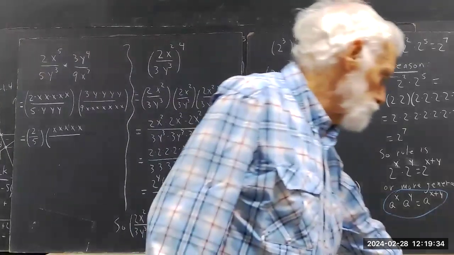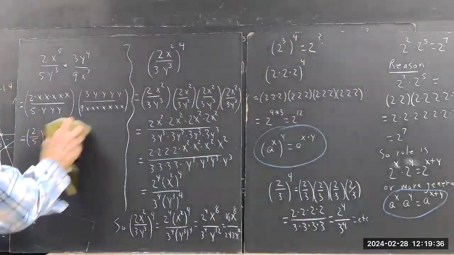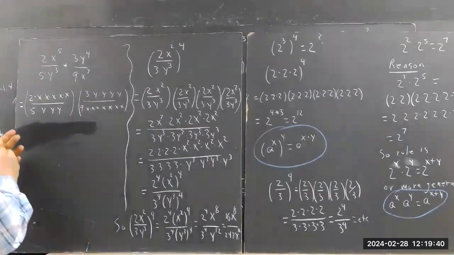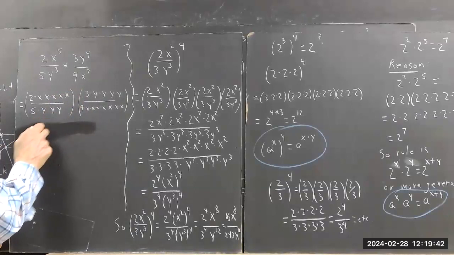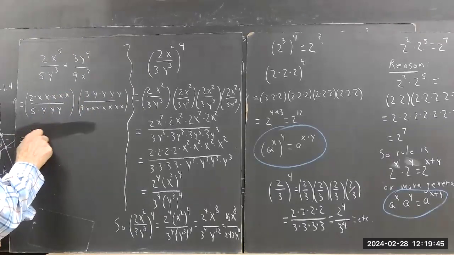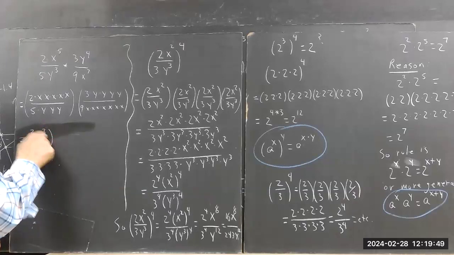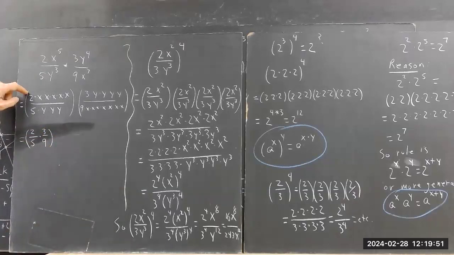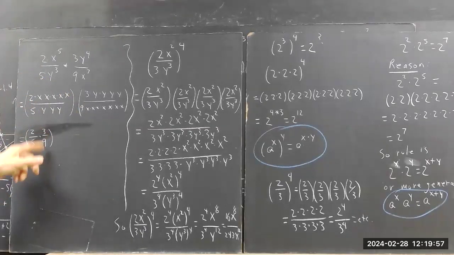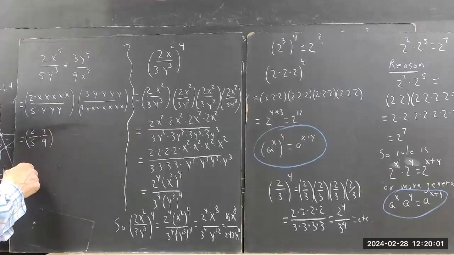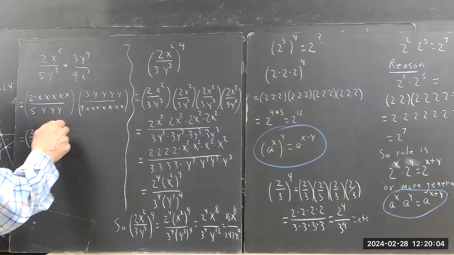First place, the 2 and the 3 are multiplied in the numerator. The 5 and the 9 are part of what's multiplied in the numerator. So I can write them like so. And then I can multiply them out every time I want. Of course, the 3 divides into the 9 and all that stuff.